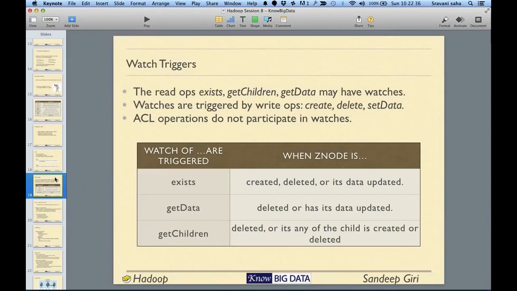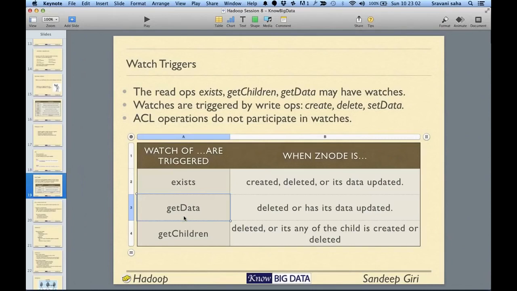Your watch which you created while executing a function called exist will be executed as soon as this node, if it does not exist, is created, or if it exists, gets deleted or its data gets updated. So those are the ways to do the watch triggers. Those are the times when a watch gets triggered.